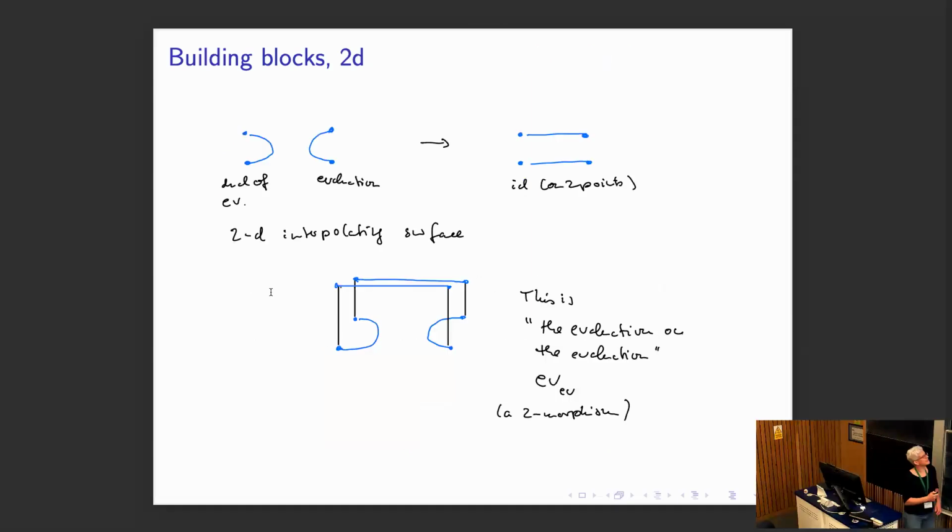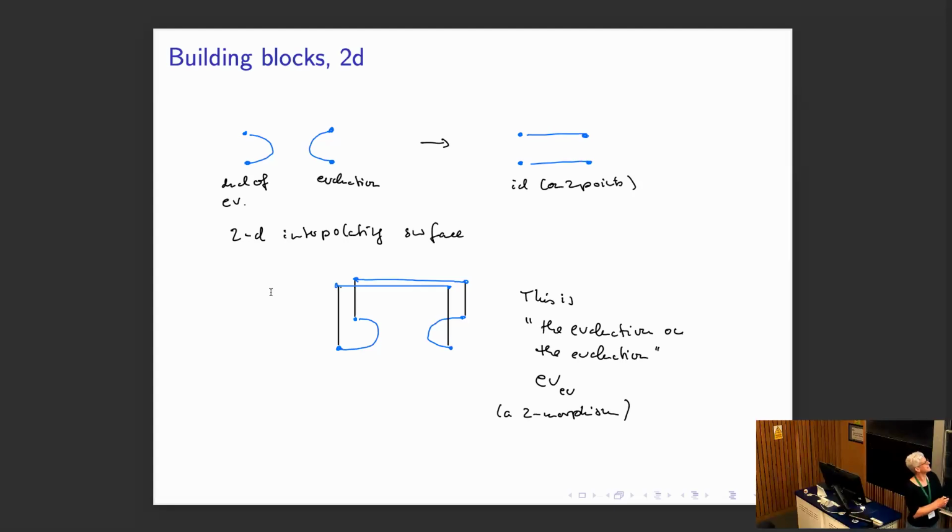Okay, so then we have more building blocks and more surfaces. I talked about the evaluation and co-evaluation in 0+1 dimension. So that's, for example, this thing would be evaluation. And now I consider evaluation built on this evaluation.